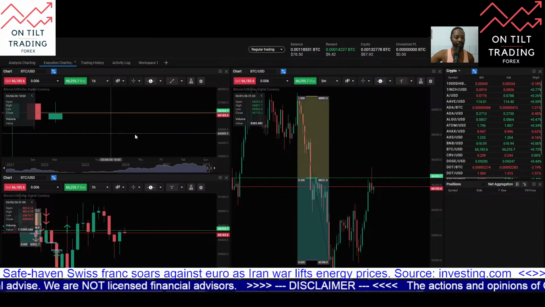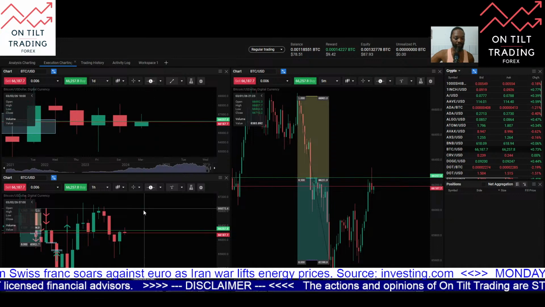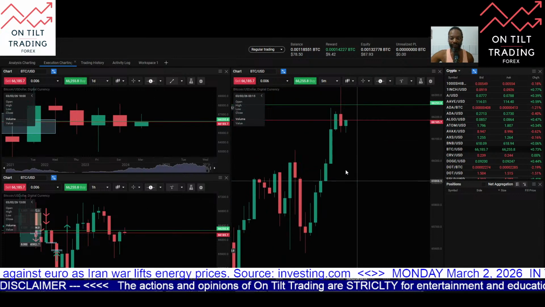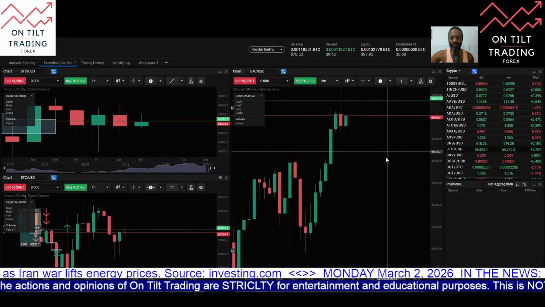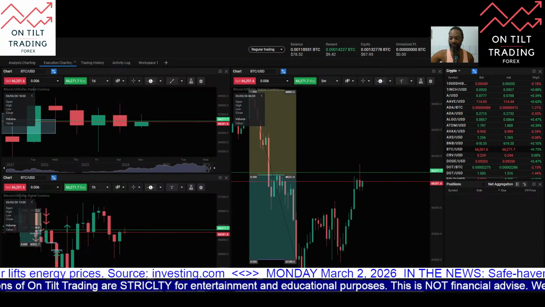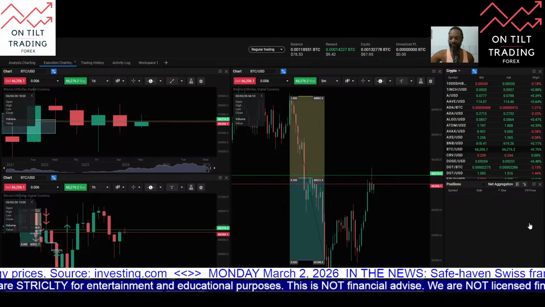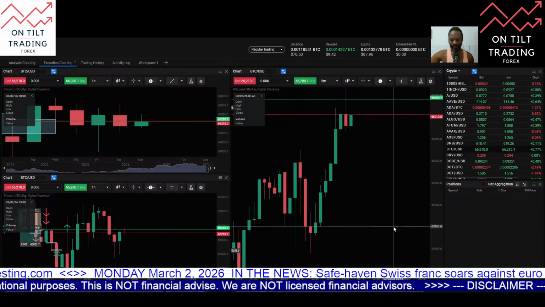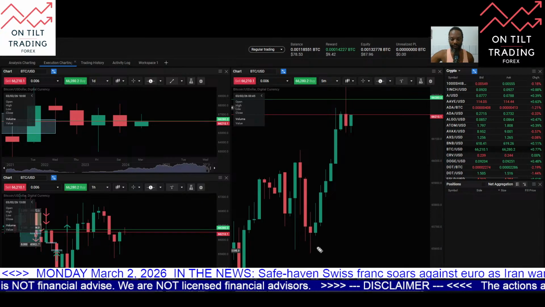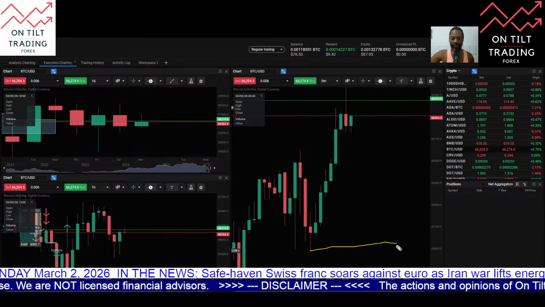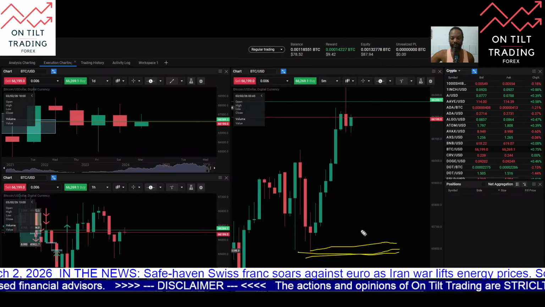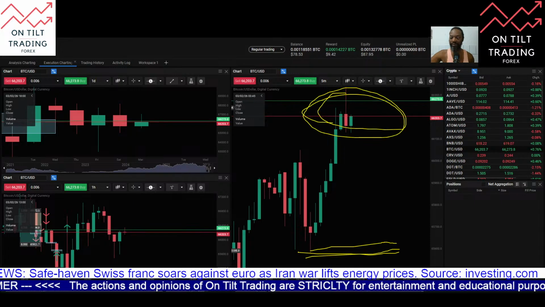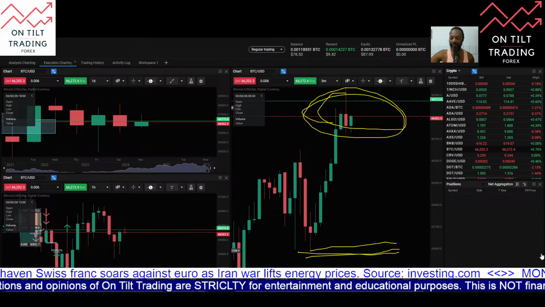Just need a market structure shift on the 5-minute chart, which currently is not present. Your shift level will be here. So I'd look for price action to provide some type of shift level up here.